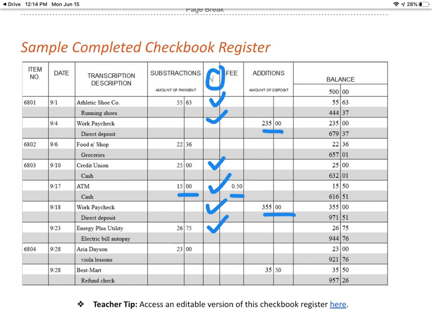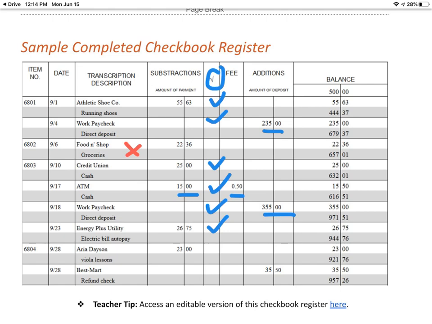So here's what you do as an adult when you have reconciliation to do with your bank. Now you have to go back and say, okay, well, food and shop over here, let me change colors to point this out. You wrote a check to these people and they never cashed the check.